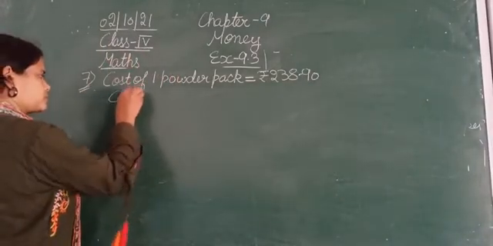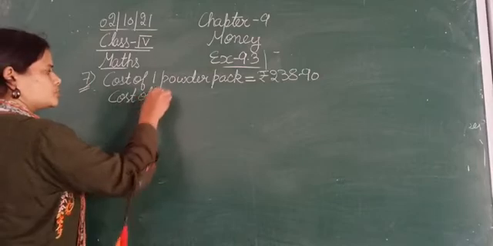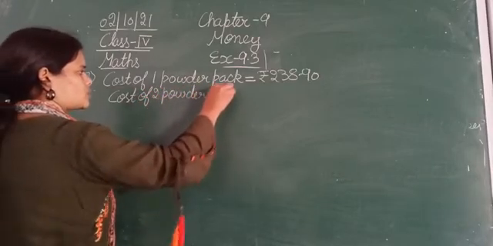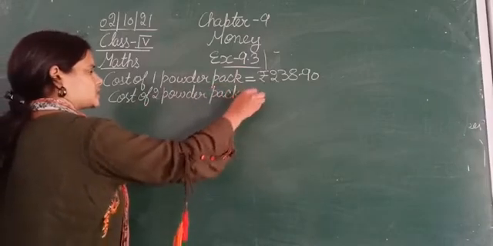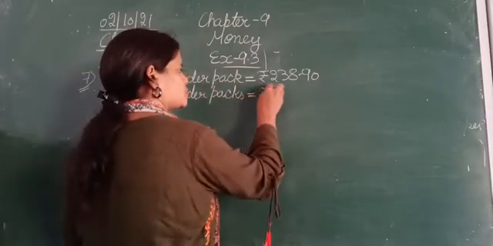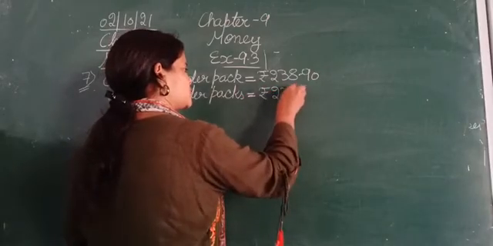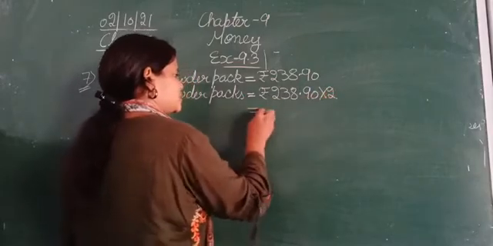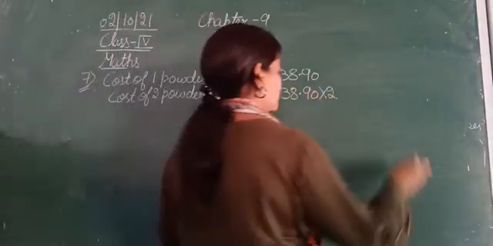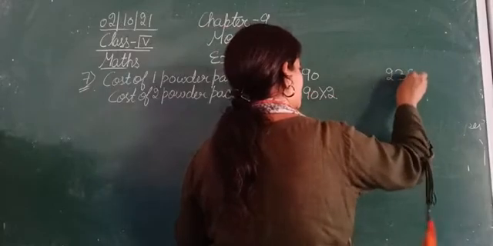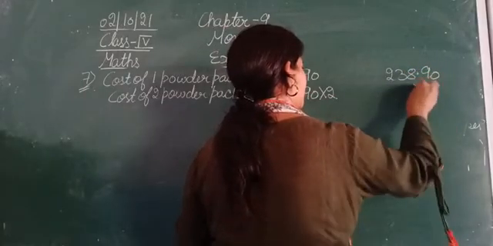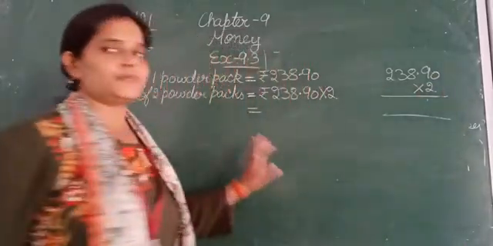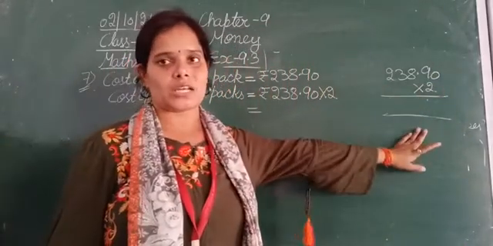Cost of 2 powder packs is 238 rupees 90 paisa multiplied by 2. So I am going to do the calculation here.